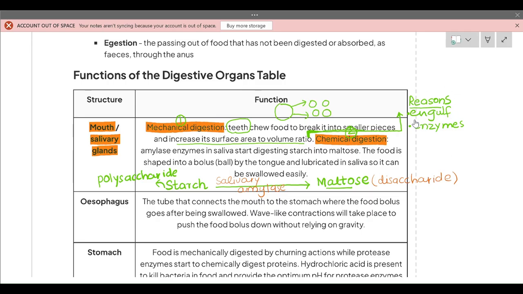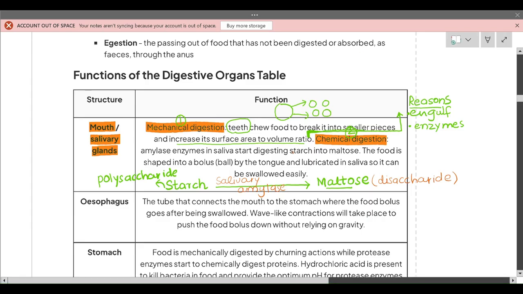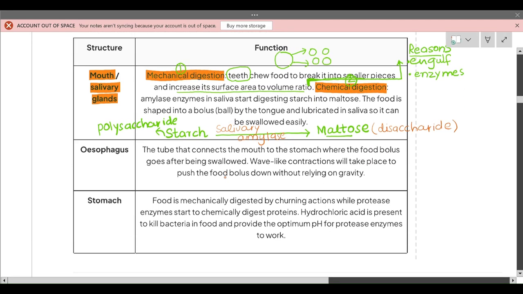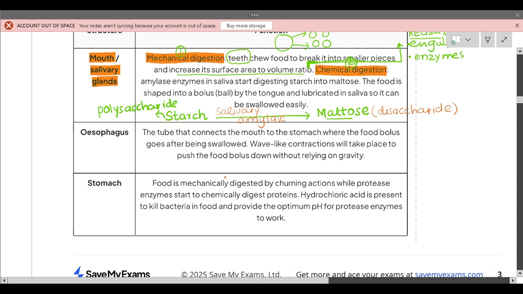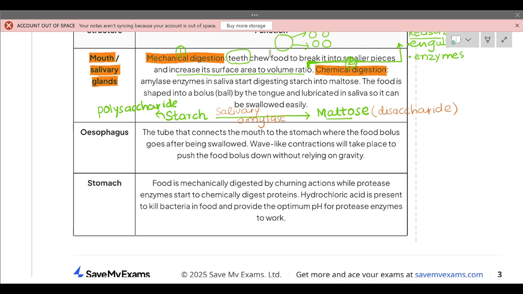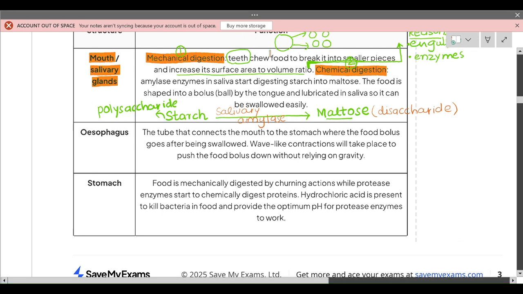So let's move forward and now discuss the esophagus. For the esophagus, does any type of physical or chemical digestion take place here?